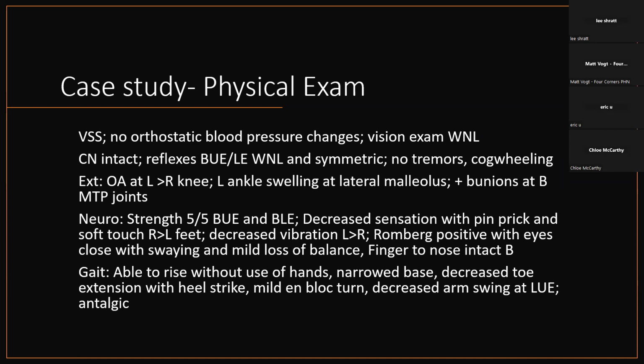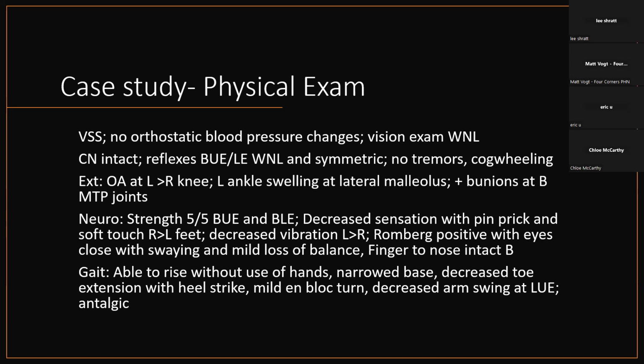She has some osteoarthritis at her left greater than right knee, which had an enlarged joint. Left ankle swelling at the lateral malleolus. She had bunions at bilateral MTP joints. Again, her strength was normal bilaterally with manual testing, upper and lower.